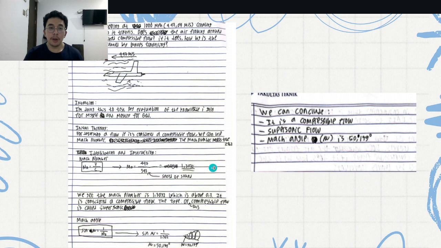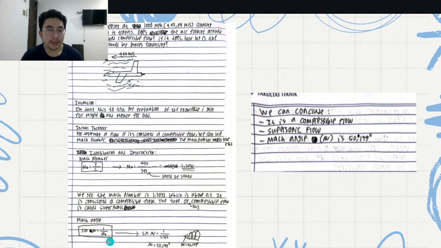This is the Mach number, which, because it is above 1 and above 0.3, is considered a compressible flow. And it is the type of compressible flow which is supersonic, because it is above 1.